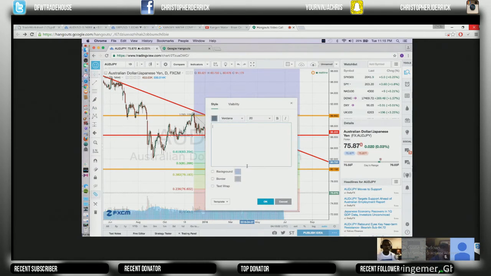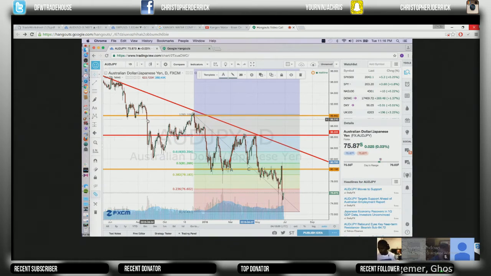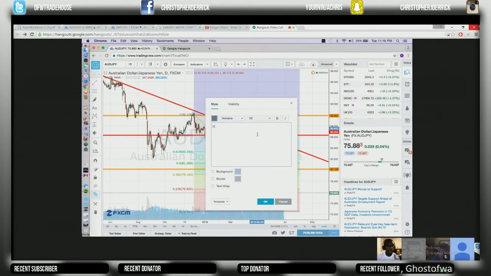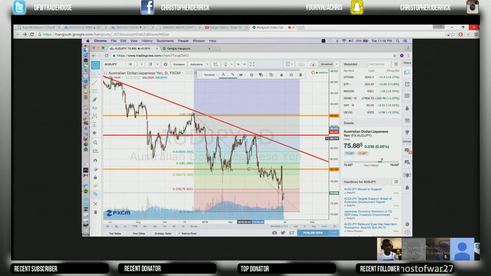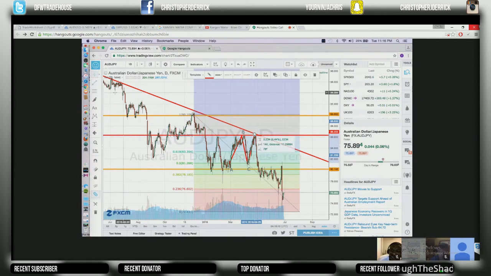And then we got the C, D. So we got the A to B leg. Comes down. Makes this middle retracement right there at the 50. Comes up. Double top. What does the double top signal? A reversal. Reverses to the downside.